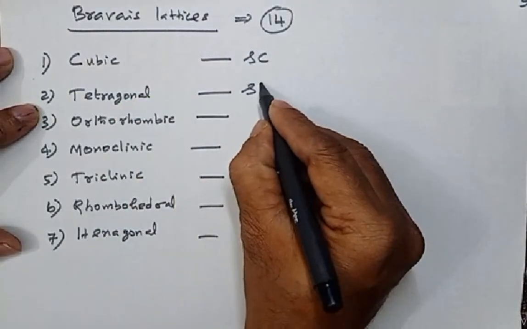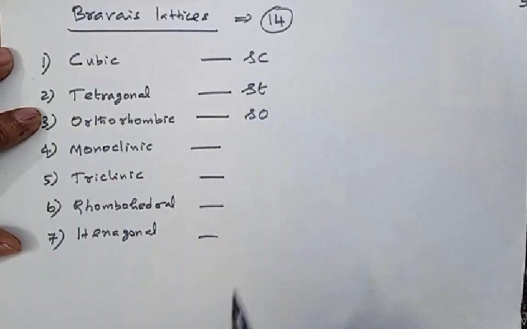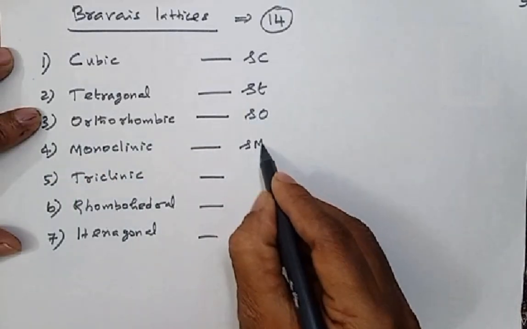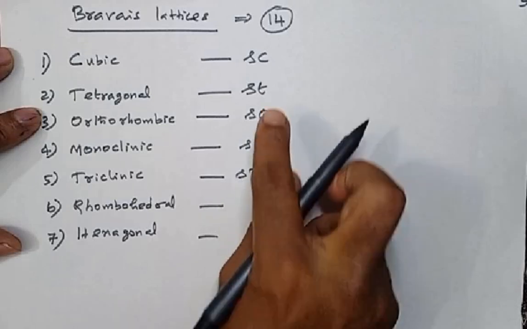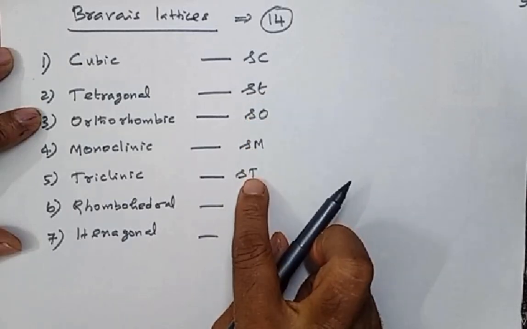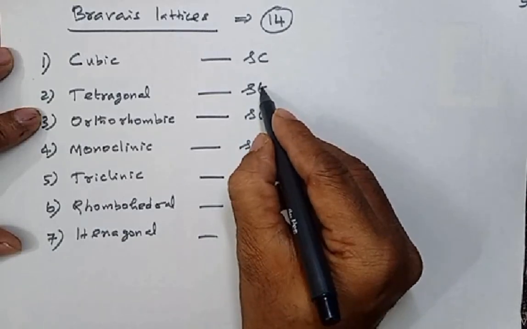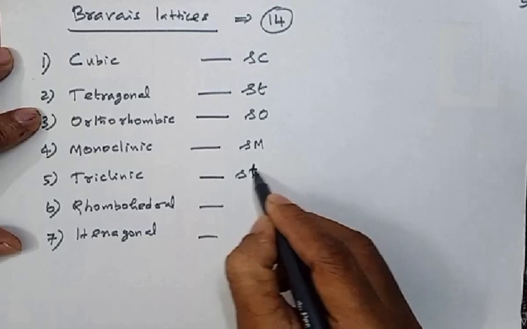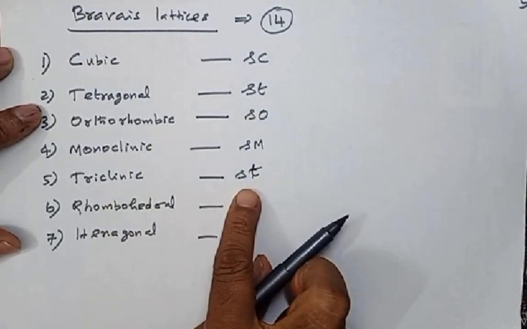Tetragonal, simple tetragonal is available. Orthorhombic, simple orthorhombic is available. Simple monoclinic is available. Simple triclinic is available. I'm just using a different symbol here: small t, capital T. This is simple tetragonal, this is simple triclinic.